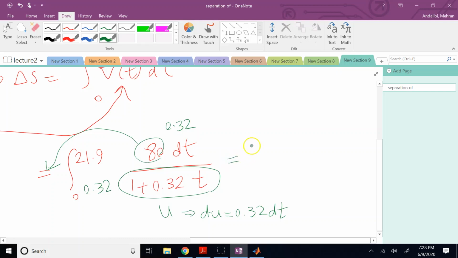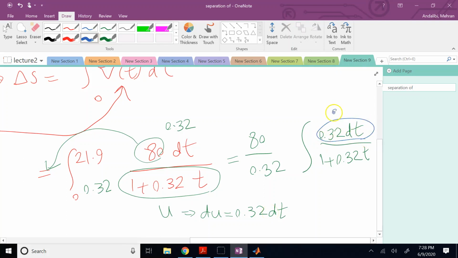So it is going to be 80, which came out, divided by this 0.32, the integral of 0.32 dt over 1 plus 0.32 t. Okay?